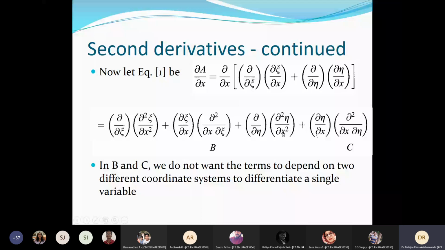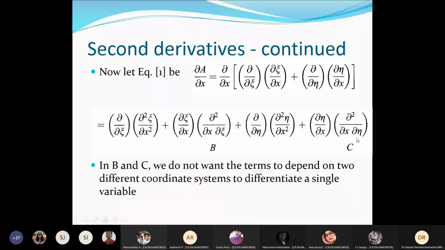But these two terms pose a problem because you have ∂²/∂x∂ζ. ∂x is in the physical domain, ∂ζ is in the computational domain. Here also ∂x is in the physical domain, ∂η is in the computational domain. So we have to further simplify this B and C.